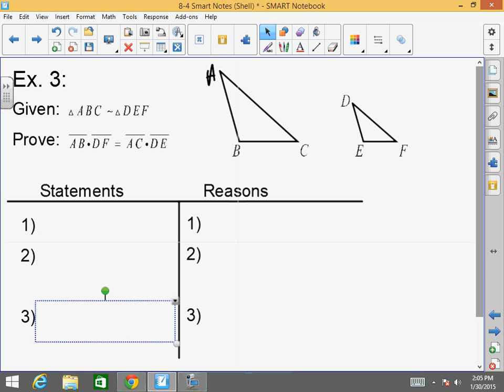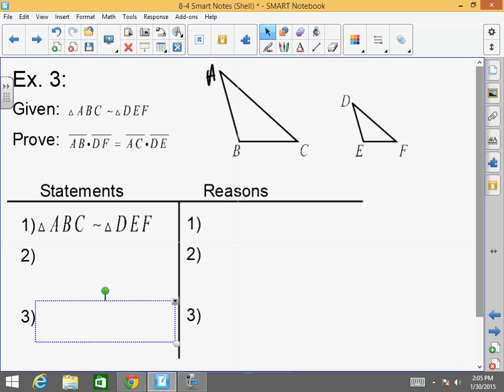Before this stresses you out, remember that when we have a proportion of sides, we can cross multiply them, and the cross products will be equal. That's the means extremes product theorem. Some of you are looking at me like a deer in headlights, but we already learned this. So let's go over it.